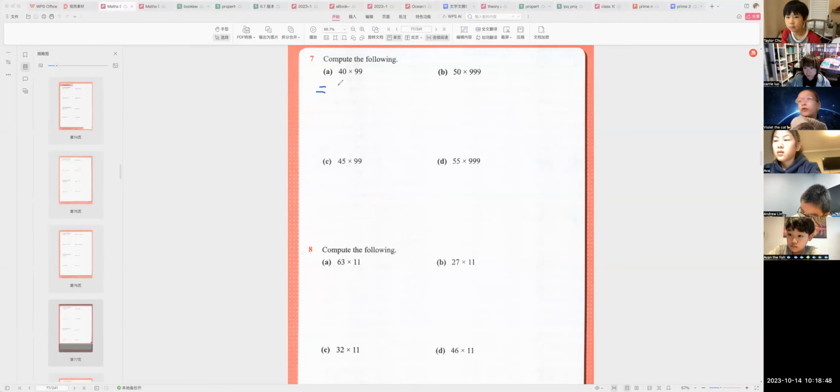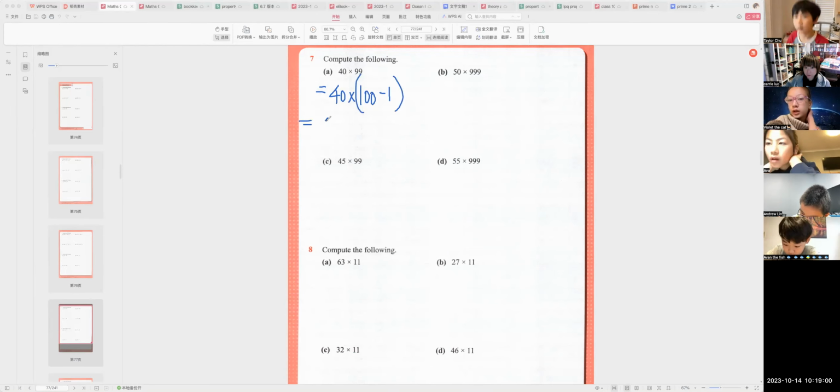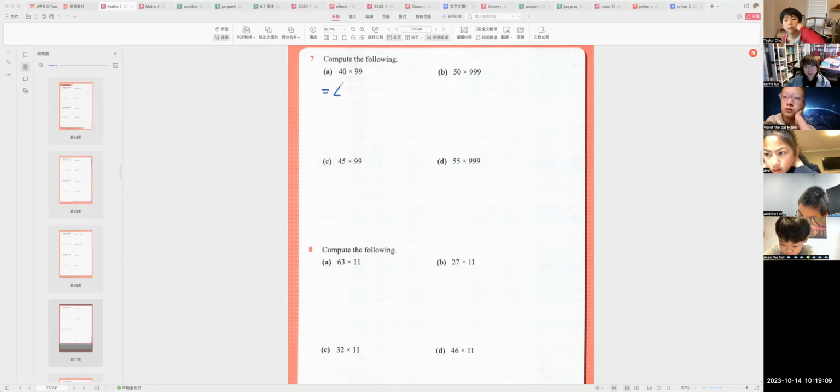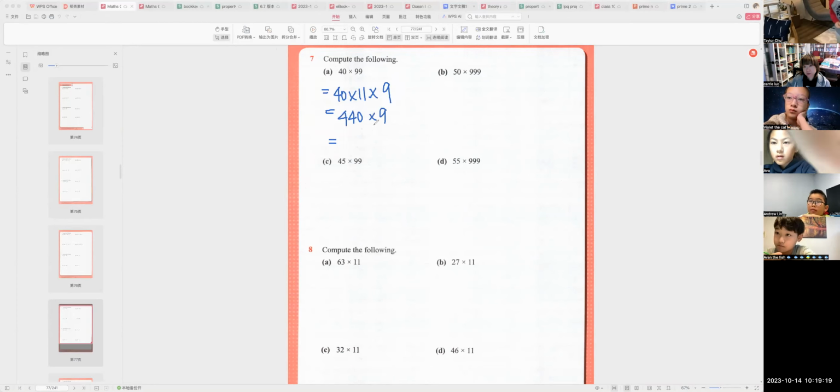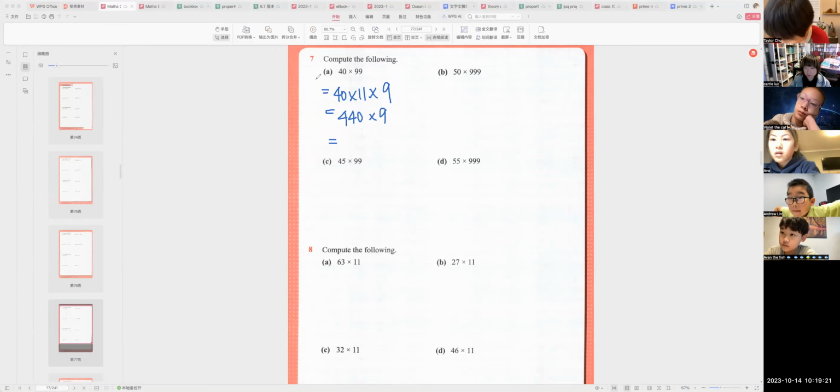Violet, can you tell me it's 40 times what? 40 times 100 minus 1. Very good. Wait, Carrie, can it also be 40 times 11 plus 40 times 9? So if you do 40 times 11, then you do 40 times 9. So you still need a formula, right?